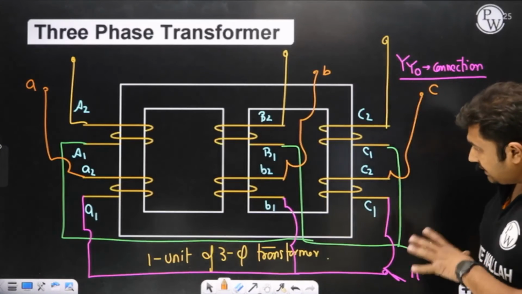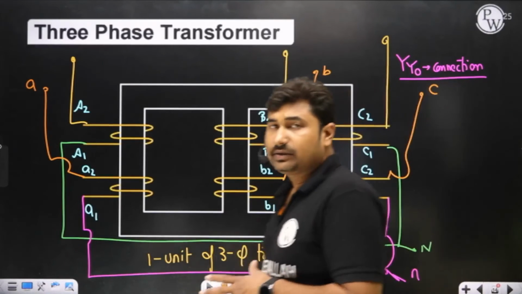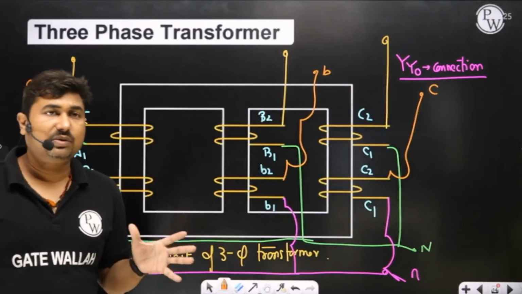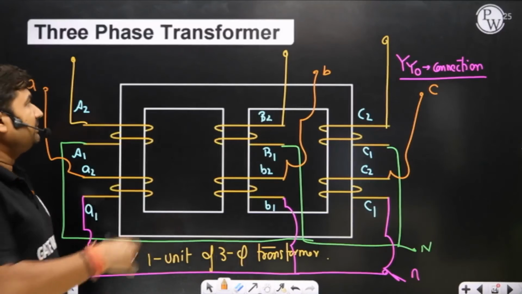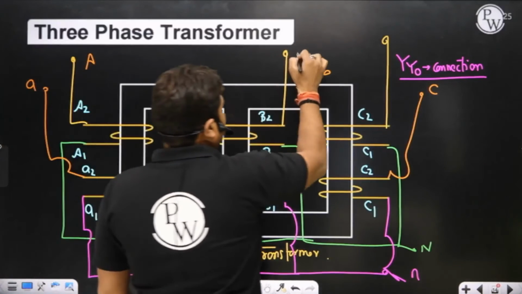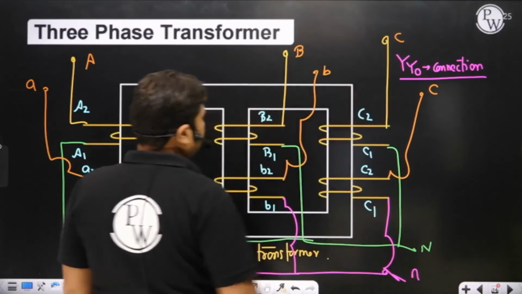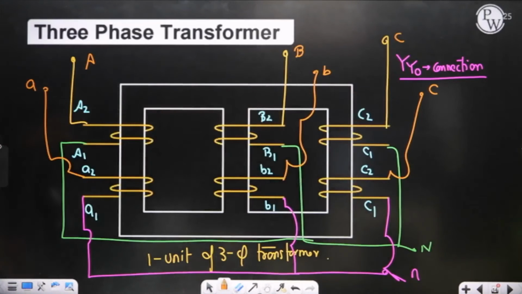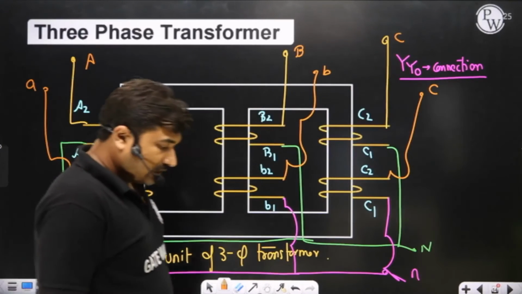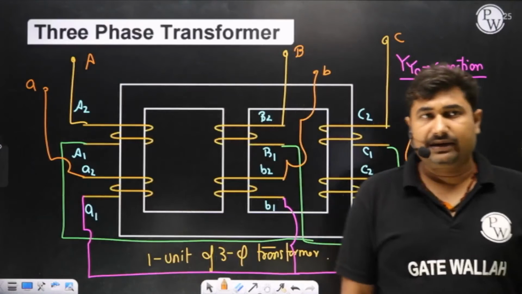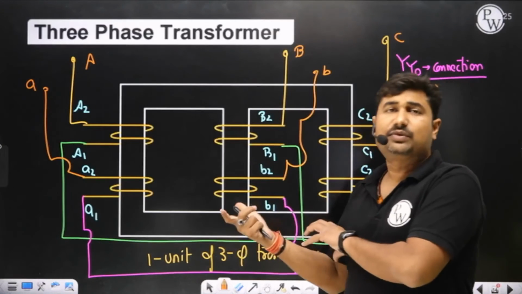Now the given connection will act as a single unit of star star 0 connection. HV side is represented as capital A, capital B, capital C, and LV side is represented as small a, small b, and small c.